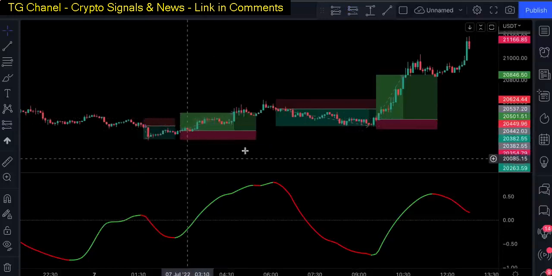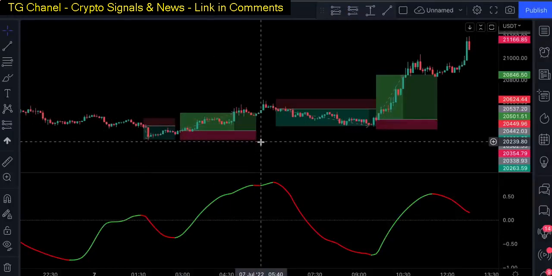Obviously not all of them will bring you profits, but this is definitely better than it was before. This normalized smooth MACD can be used as a first or a second confirmation indicator, and I'm sure you can build a really successful strategy with it.